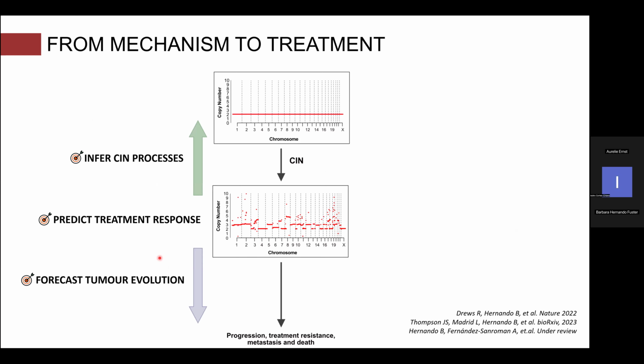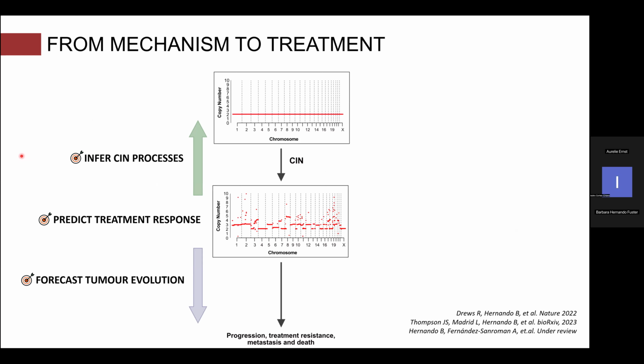So just to sum up my lecture, today I have explained how we can infer the mutational processes driving chromosomal instability, and how we can use these signatures to understand the etiology behind those complex tumors.